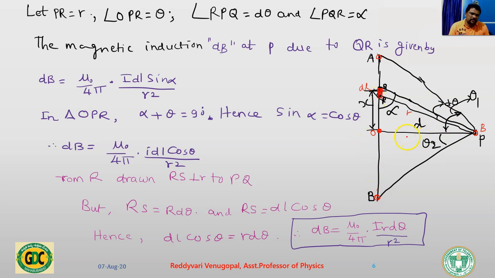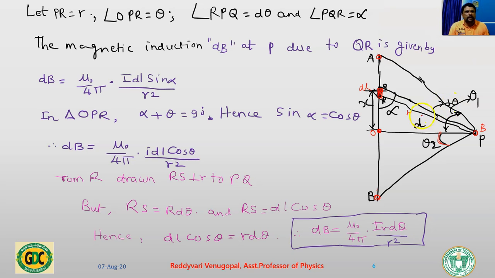Now for convenience, we are taking the angle made by the point B at point P with respect to the line joining the center of the wire and P. We are calling this angle theta 2. The angle between the line joining P and A, and the line OP, that is the line joining P and O, we are taking as theta 1.